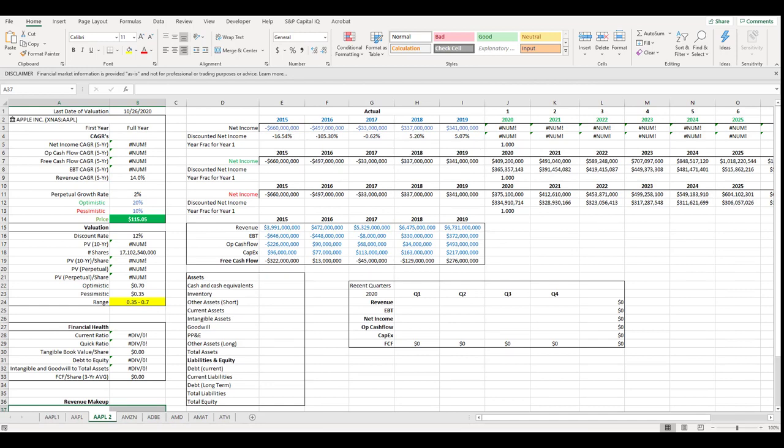What I'm looking at now on my other monitor is Apple's most recent 10-K. Let me get down to the financials, Part 2, Item 7, I believe.